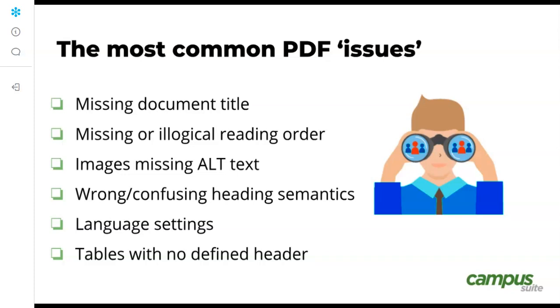Double check that the reading order of the content is set up correctly, that it's logical and not missing anything. Ensure all images have alt text describing them. Otherwise, when somebody who has a disability gets to that image, they need to have alternative ways to know what the image is depicting.